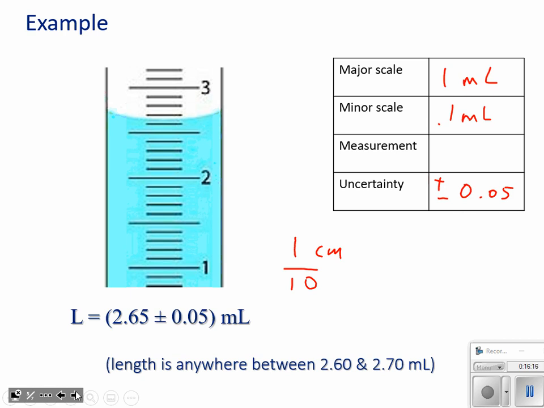Now we've done our guided practice. So now you are going to do your independent practice. So I want you to look at what I have here, okay? Because the next one, you're going to do major, minor, measurement, uncertainty, and then you're going to calculate the range that you need to have for a piece of equipment, okay?